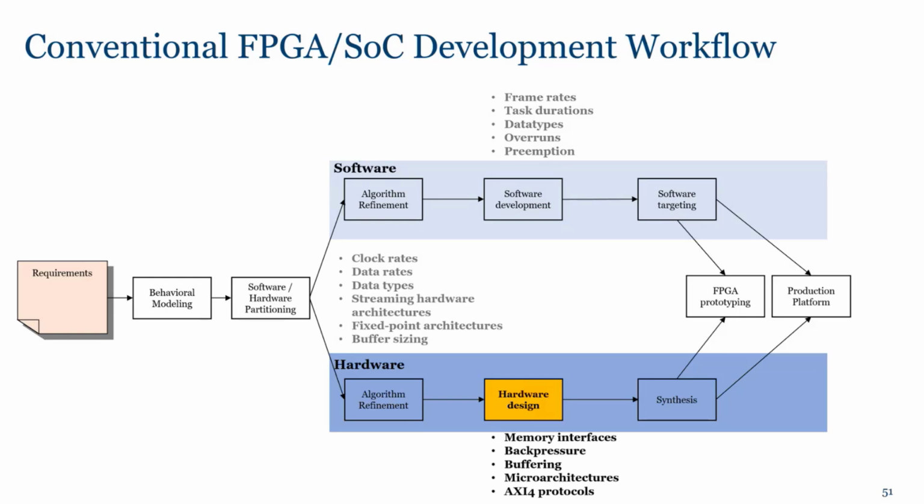Floating point algorithms are converted to fixed point for efficiency and so forth. Only after this work is complete between the software development team and the hardware development team can we start going into prototyping, or start targeting our FPGA or our board.